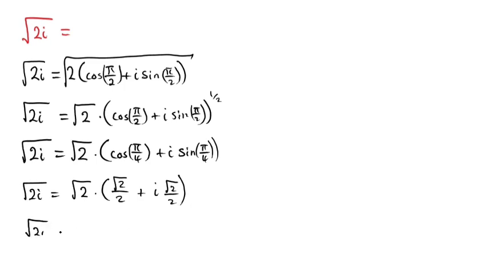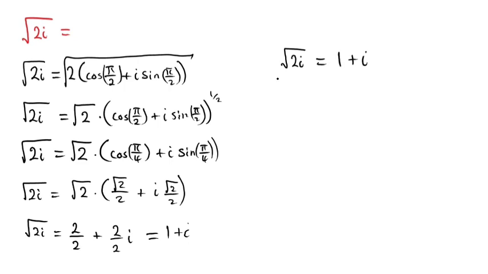So the square root of 2i is equal to root 2 times root 2 over 2, which will simply be 2 divided by 2. Same thing here, 2 divided by 2, i. So this is equal to 1 plus i. This means that the square root of 2i is equal to 1 plus i.